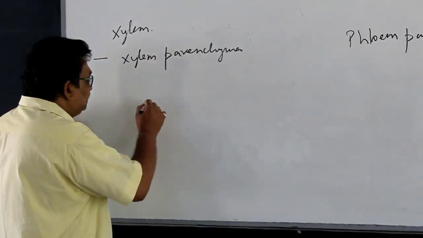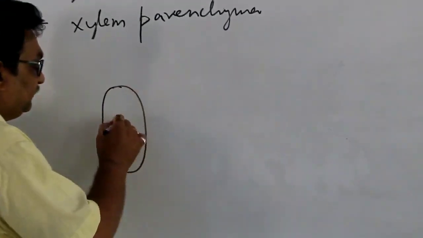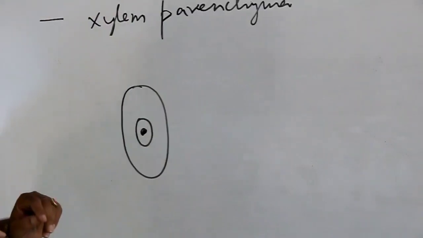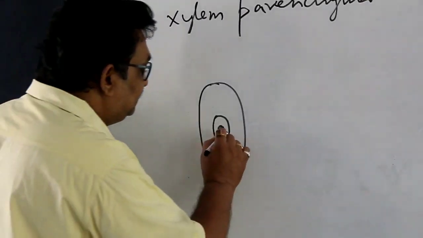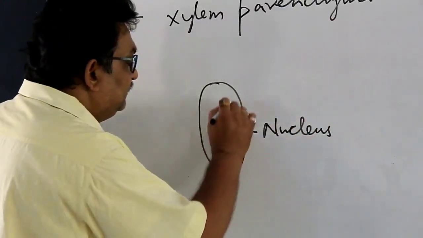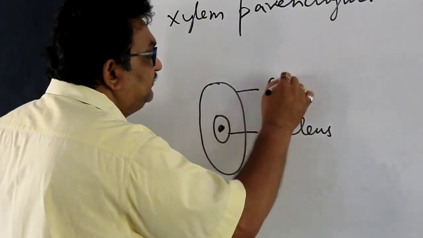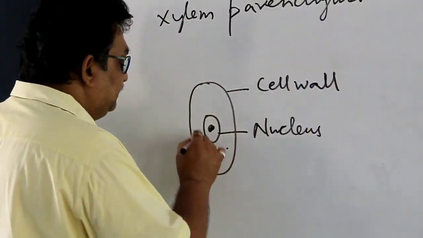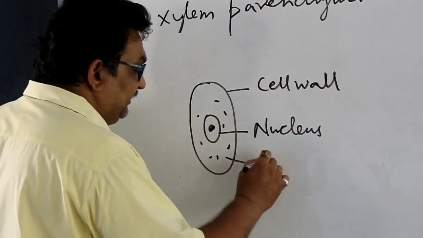As it is a living one, it needs to have three structures, as I said earlier, that is nucleus, cell wall and cytoplasm.